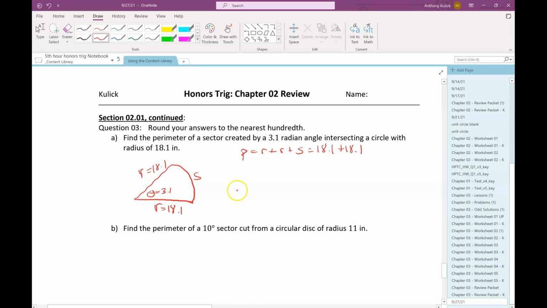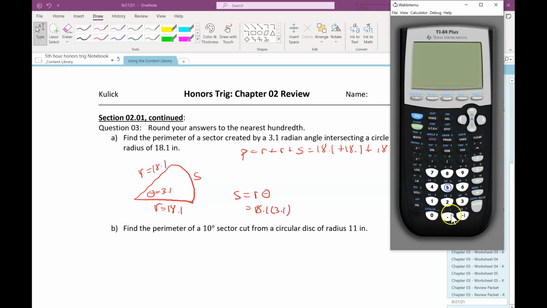So all we need to do is calculate S. Since theta was in radians, I can just use S equals R theta. So 18.1 times 3.1. Is that okay? So I can just type this into my calculator.